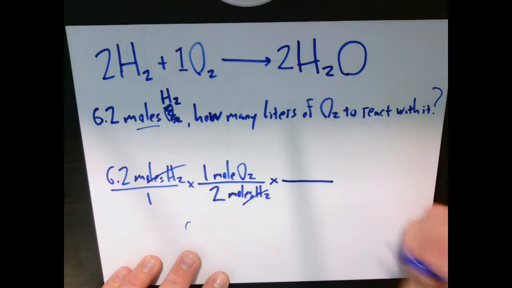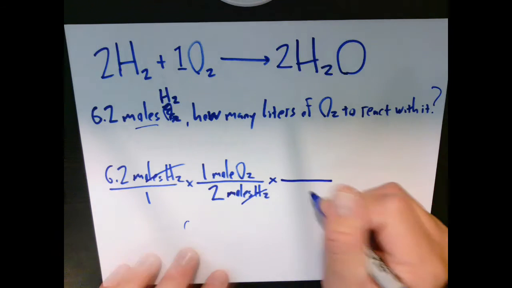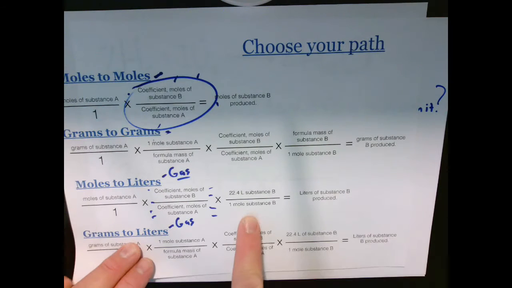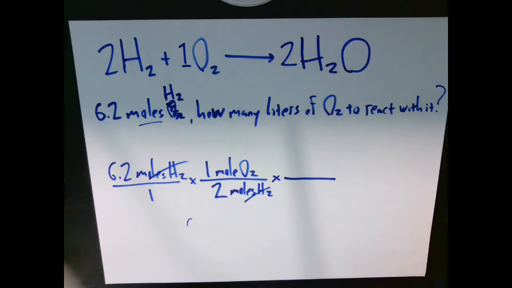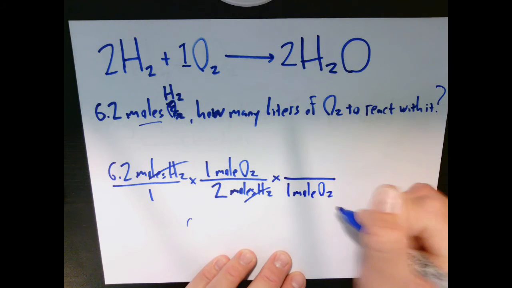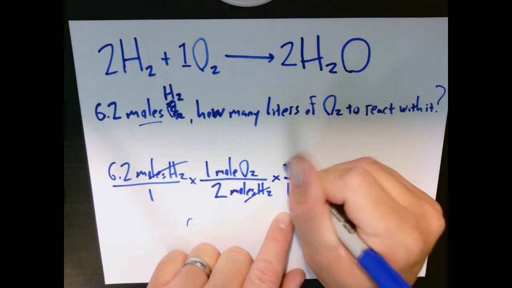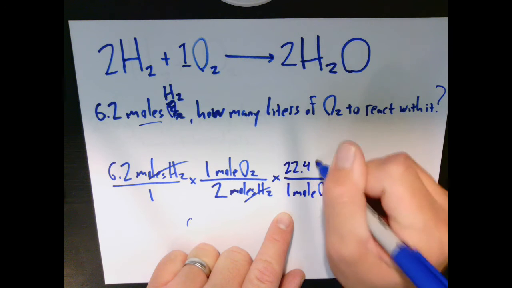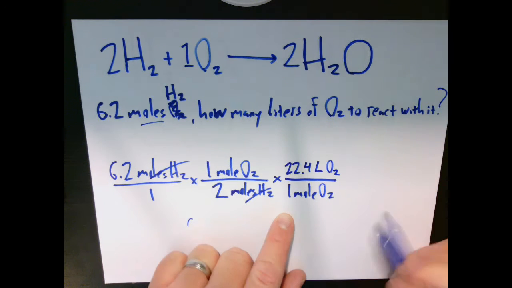Next fraction, oxygen is a gas, okay? So on the bottom here, this is mole to liter, that last fraction, 1 mole of oxygen goes on the bottom, and then the numerator, 22.4 liters of oxygen, okay?